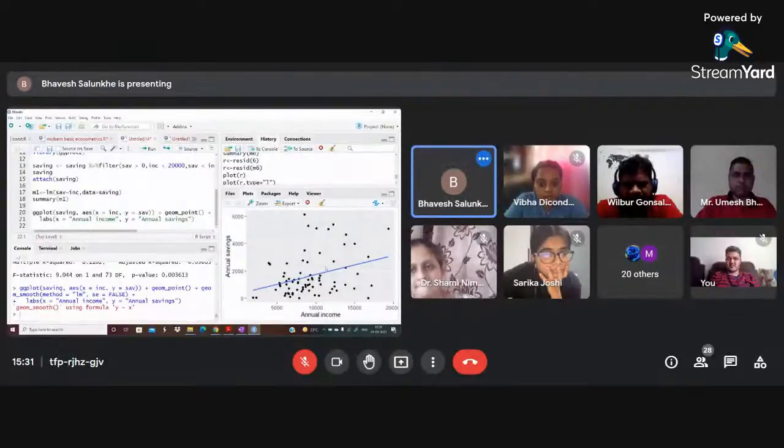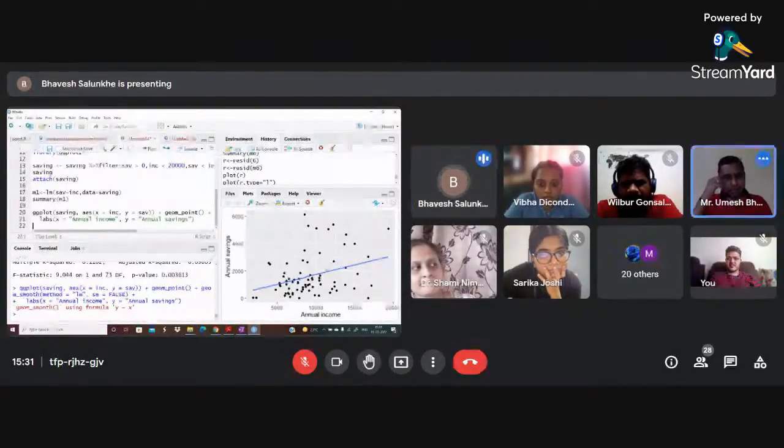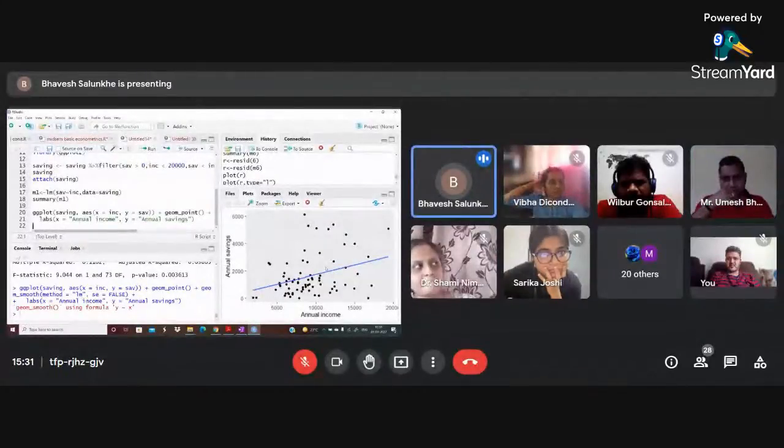That means rich families have lots of variation in their savings compared to poor families, because they have lots of options to explore for savings. So there is a problem of heteroscedasticity in our data set.